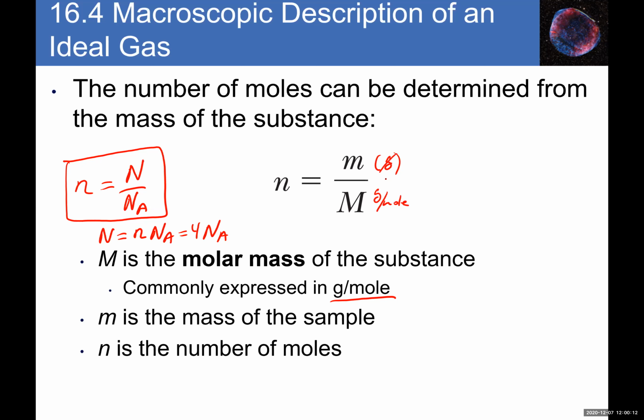So you can see the grams cancel out, and you have units in terms of moles. Again, m is the total mass of the sample, and big M is the molar mass, which is the mass of 1 mole of that substance. So there are a couple of equations for the number of moles.